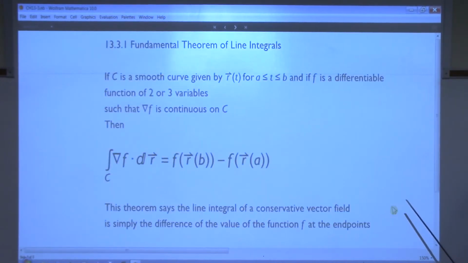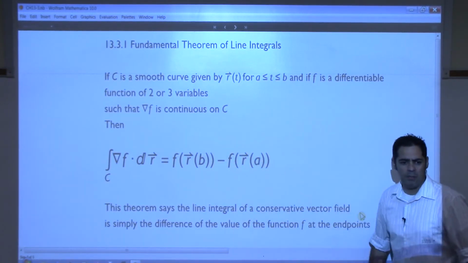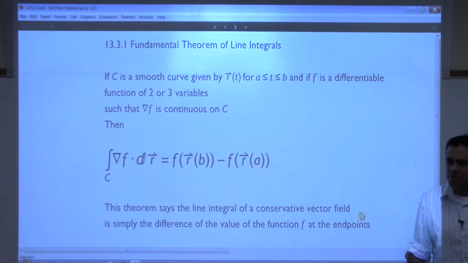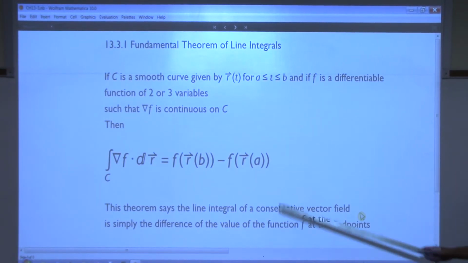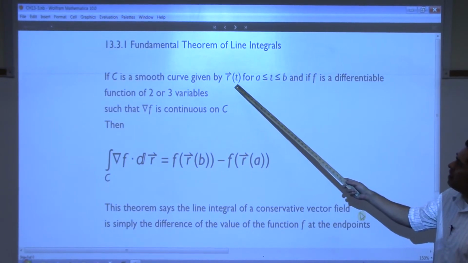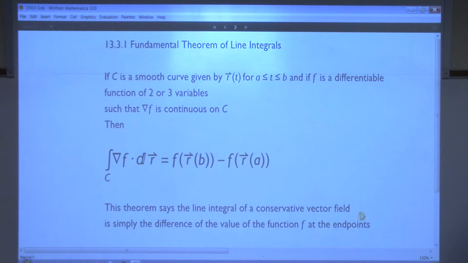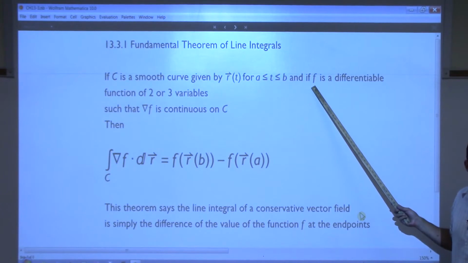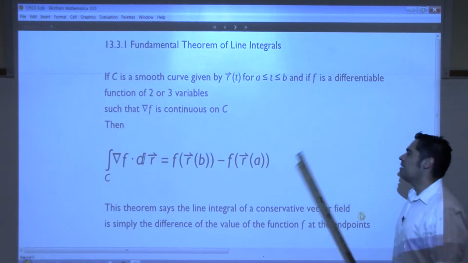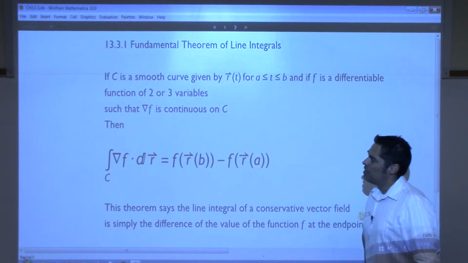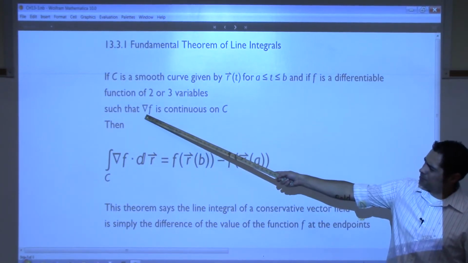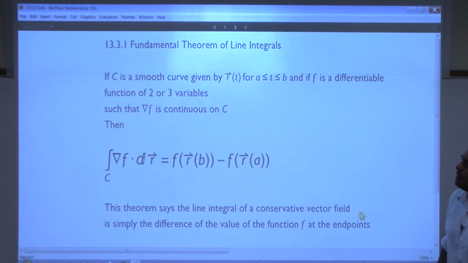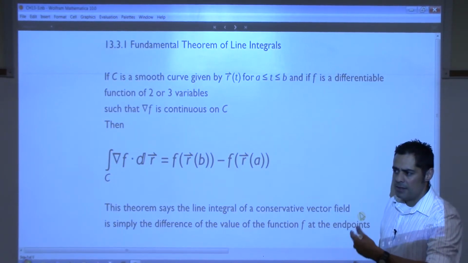So here it is. If C is a smooth curve, smooth meaning we're not going to have any weird, jaggedy edges on it, given to us by the vector function r of t, with a time interval from a to b, and if f is differentiable, this f here is a scalar function, a differentiable function of 2 or 3 variables, such that the gradient of that scalar function is continuous on C. That just means that when we take the gradient, it's well behaved.